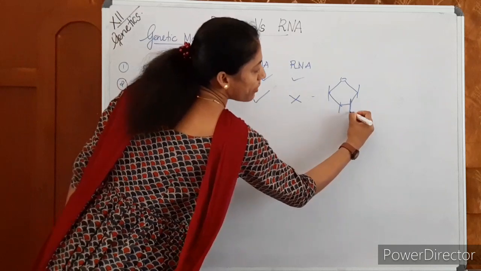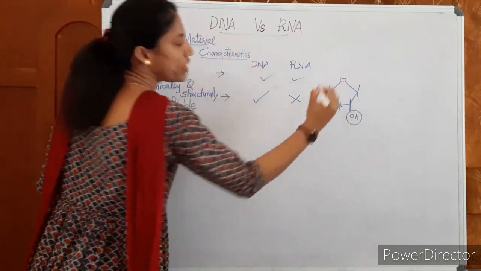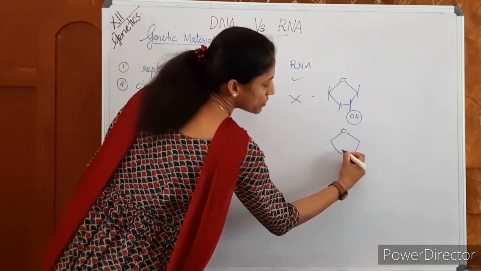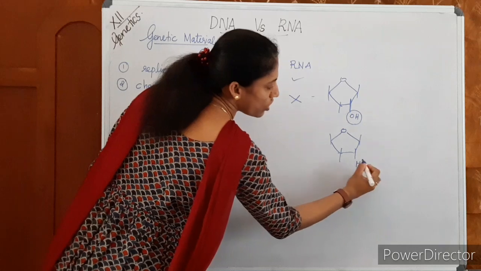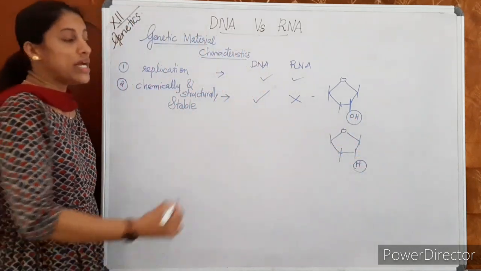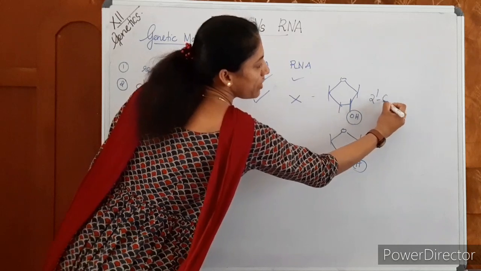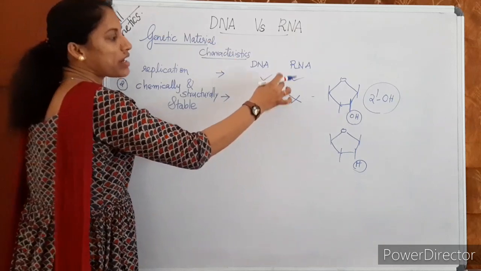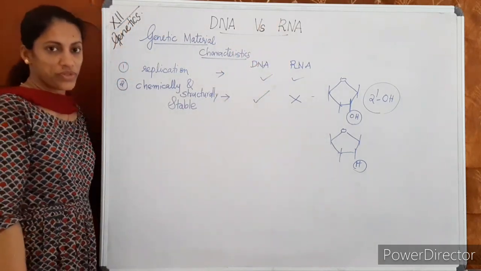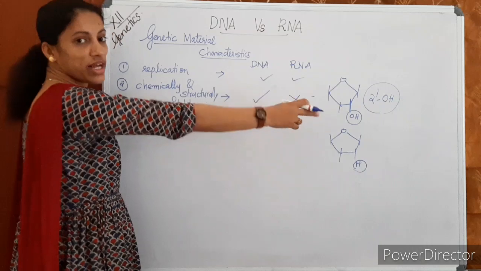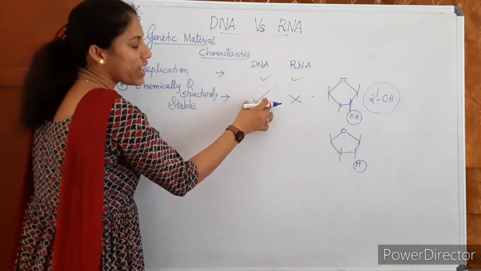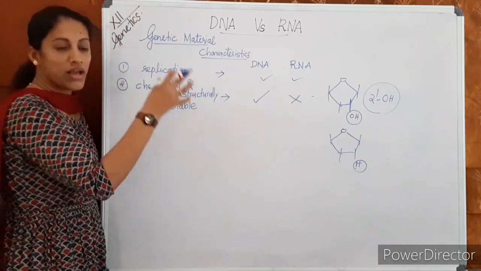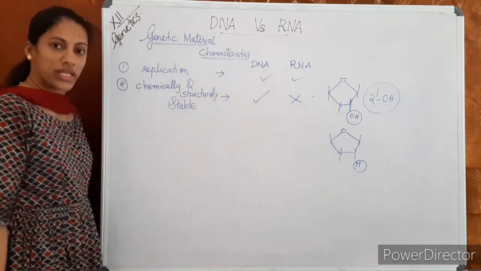In the second carbon, there is a hydroxyl group in the ribose sugar, whereas in deoxyribose sugar this hydroxyl group is not there. There is hydrogen only. The presence of the 2' hydroxyl group makes RNA more reactive, whereas DNA is less reactive. So DNA is more stable, the best genetic material in this regard compared to RNA.